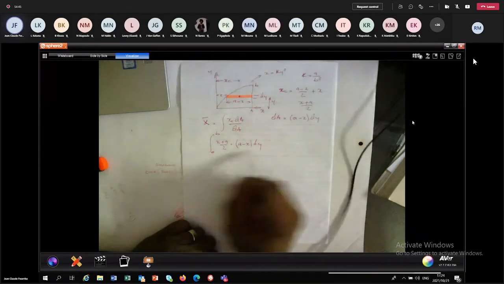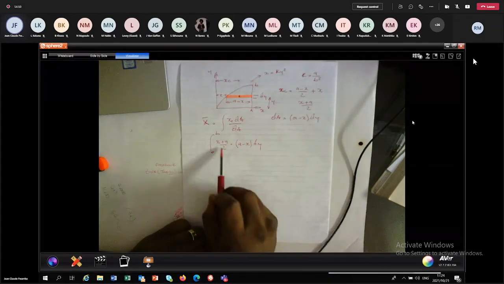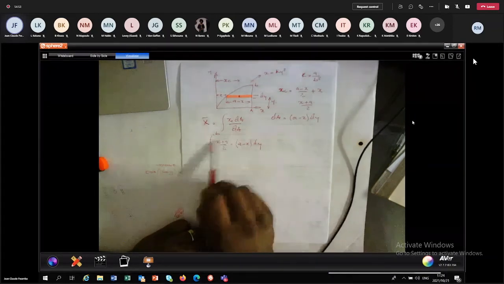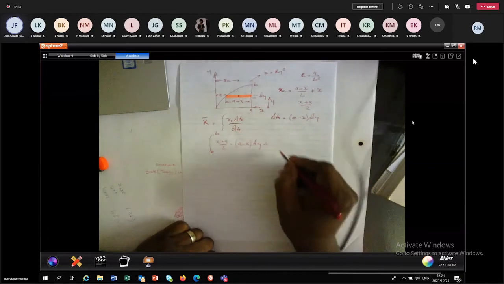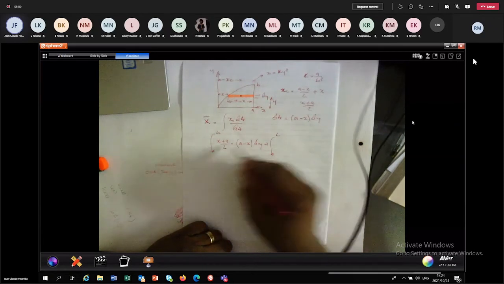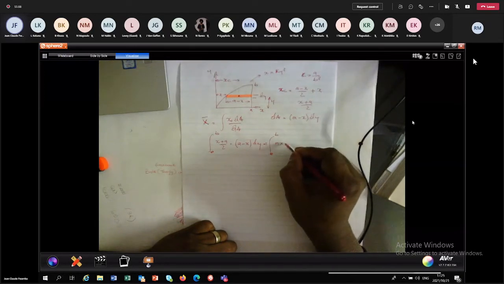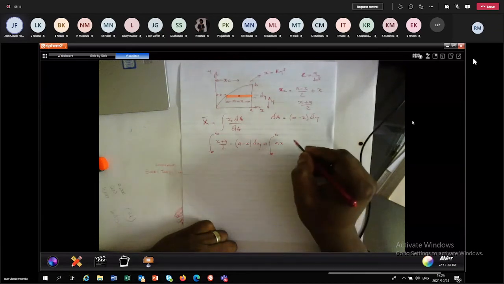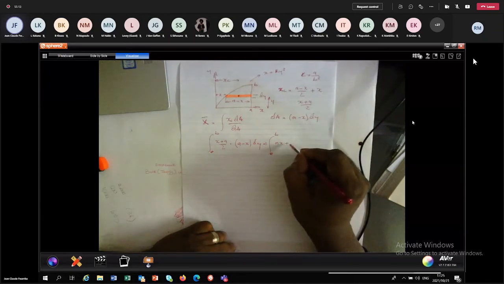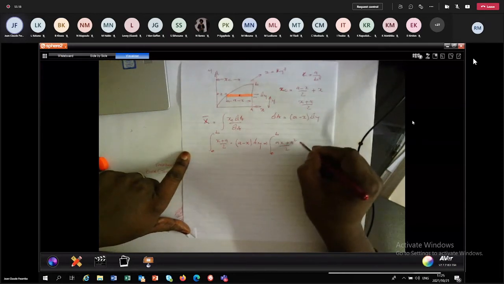So now I tackle the integration part. Let's sort out this side of the integration. So it will be ax plus a squared over 2, right?